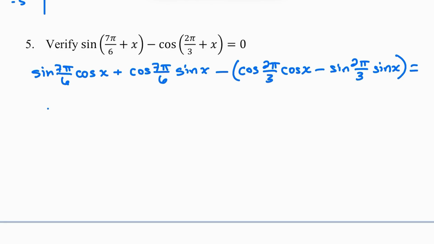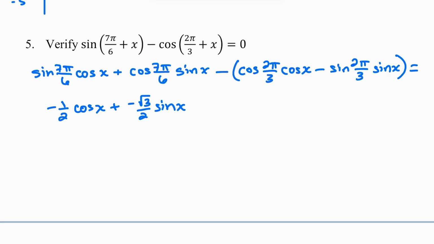And then you might notice 7 pi over 6 and 2 pi over 3 are on the unit circle. Sine of 7 pi over 6 is negative a half. We don't know what cosine of x is, so we're going to leave it like that. Cosine of 7 pi over 6 is negative root 3 over 2. Sine of x again. In this one, you might want to take it apart into 2 steps or just do it in one, where I'm distributing and doing the unit circle at the same time.